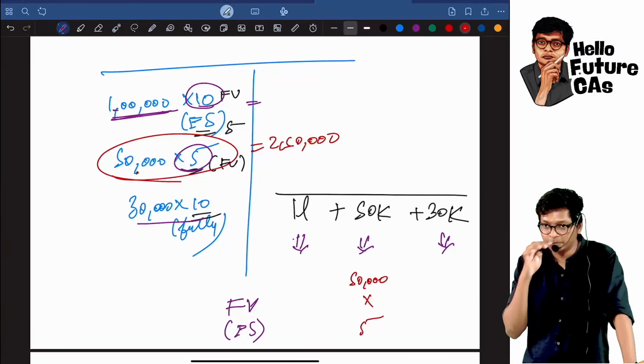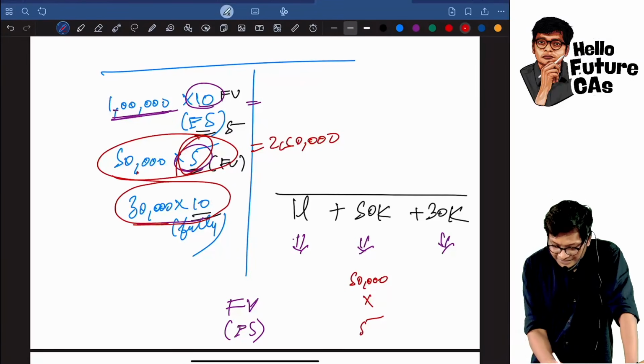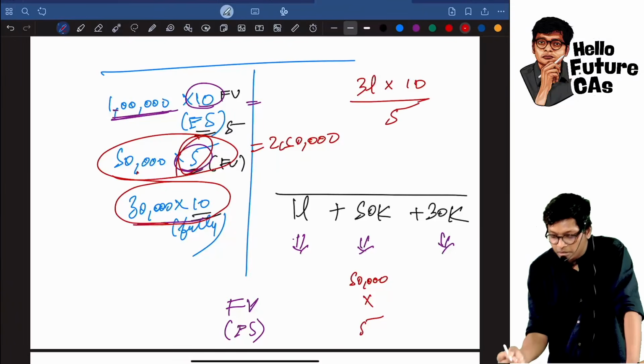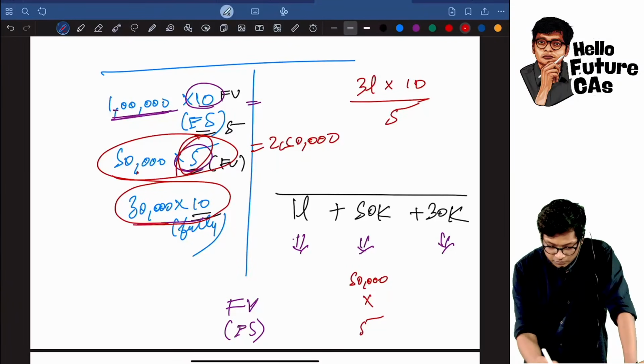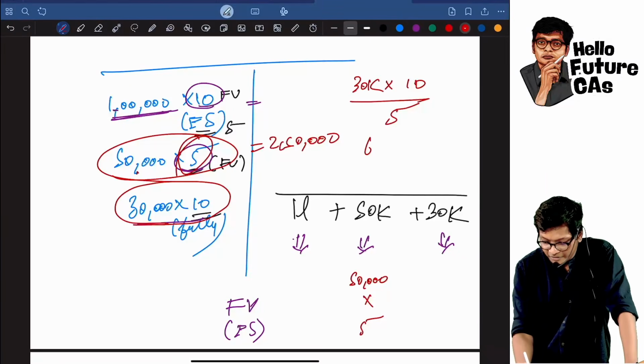Nothing to do in that because I'm converting everything to 5. Let me do the next easy one. 30,000 into 10 divided by 5 per share will become 60,000 into 5.